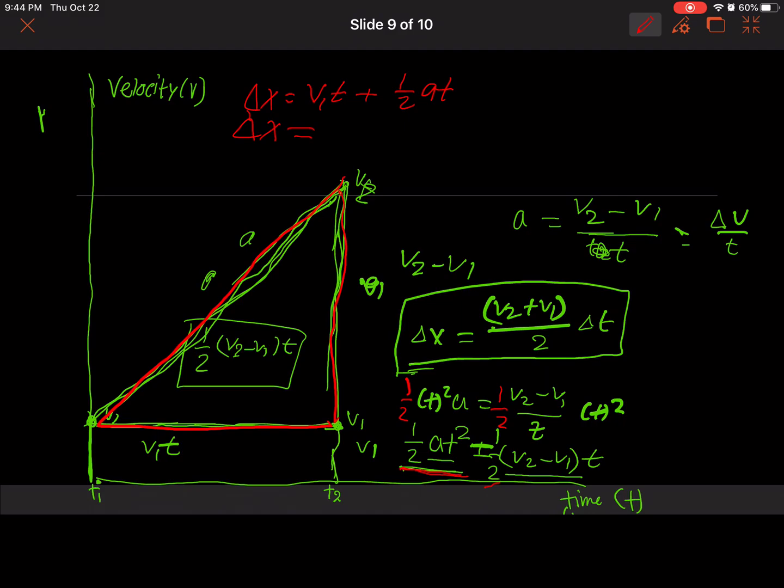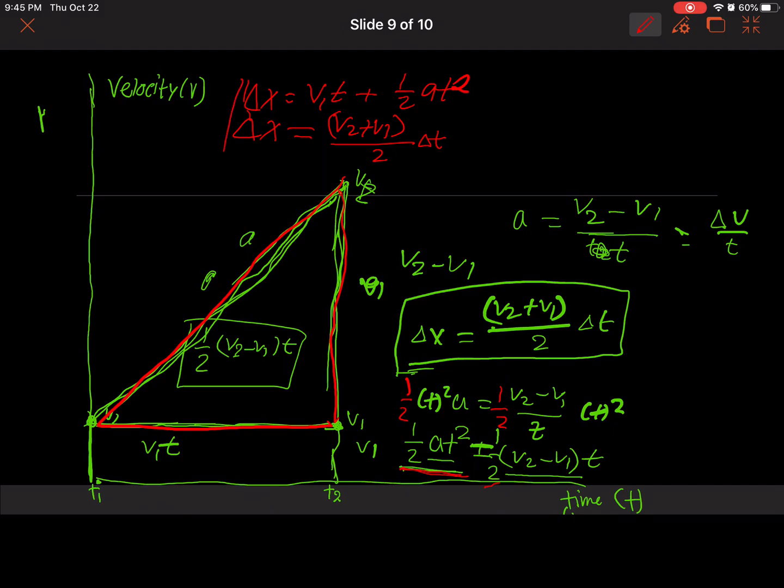When we calculate the area of the trapezoid, and not break it apart into parts, it would be (v2 plus v1) over 2 times time. I forgot the squared.